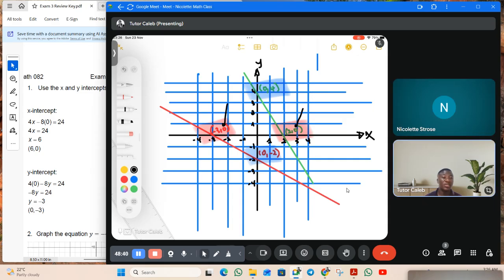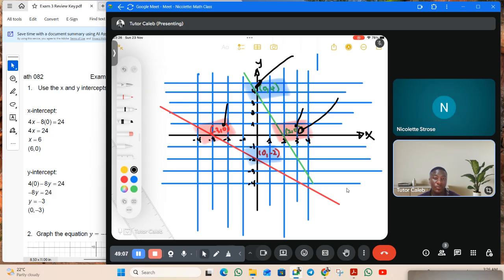So what we've done here, is it clear? Yes. Both lines have two intercepts. The green line, this is the first intercept of the green line, and this is the second intercept of the green line.